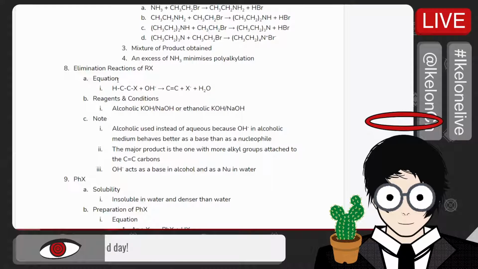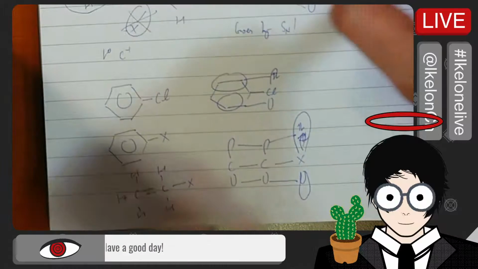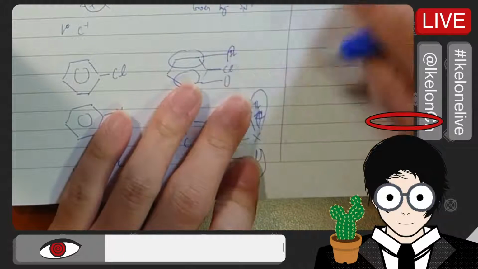Let me just draw this out, because what I wrote there isn't that accurate actually. Let's go back to this. So the elimination reaction.